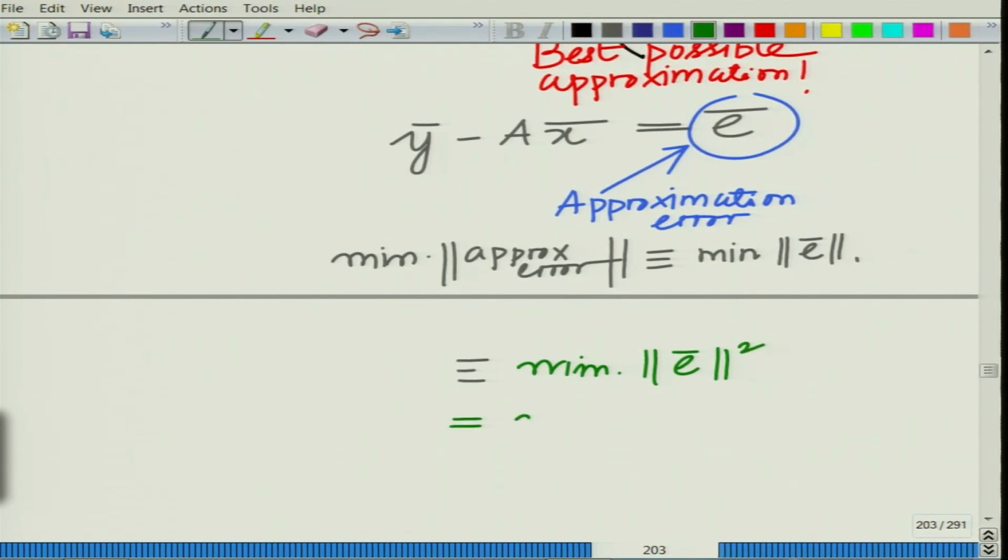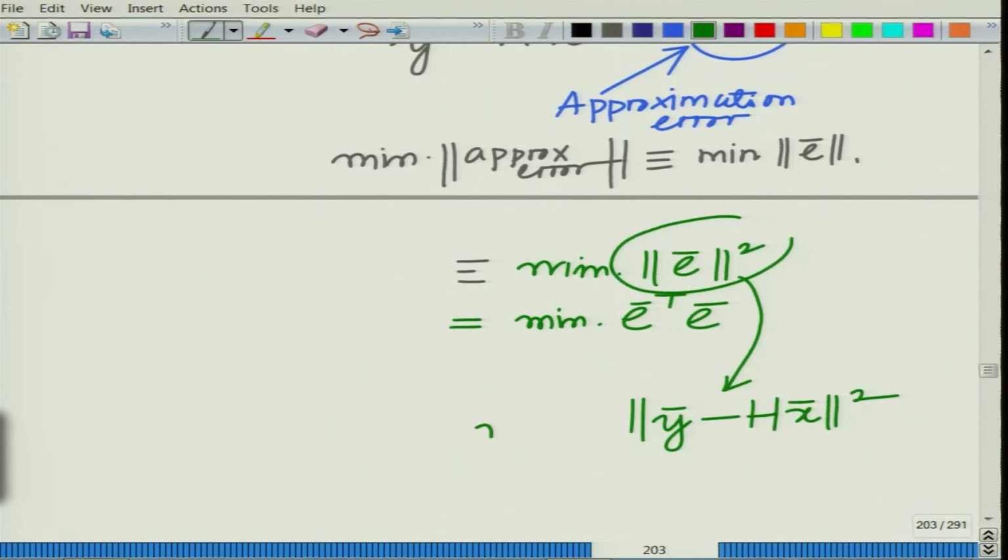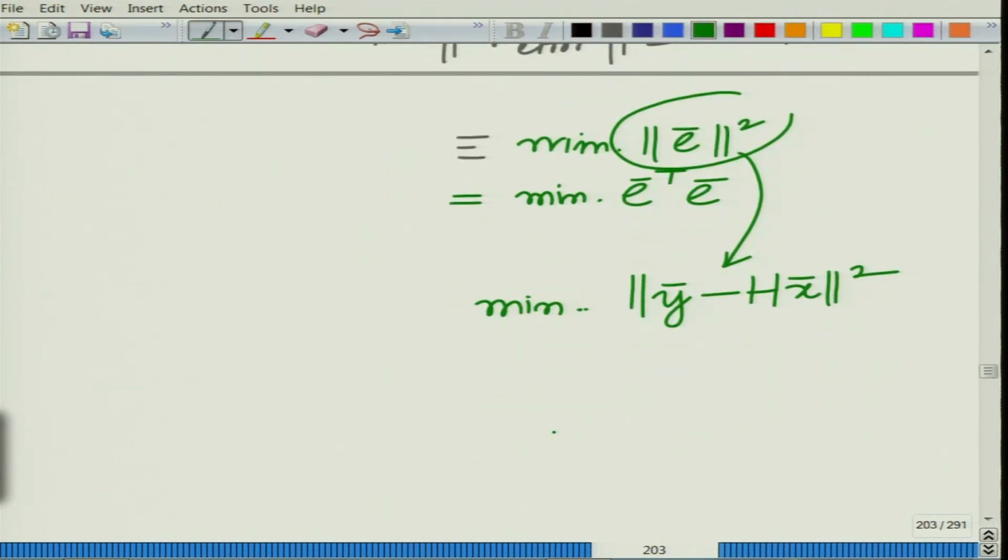Which is equal to minimize E bar transpose E bar. So, we would like to minimize the norm of E bar square. That is nothing but the norm of y bar minus A x bar square. Minimize the norm of y bar minus A x bar square, and this is known as the least squares problem.